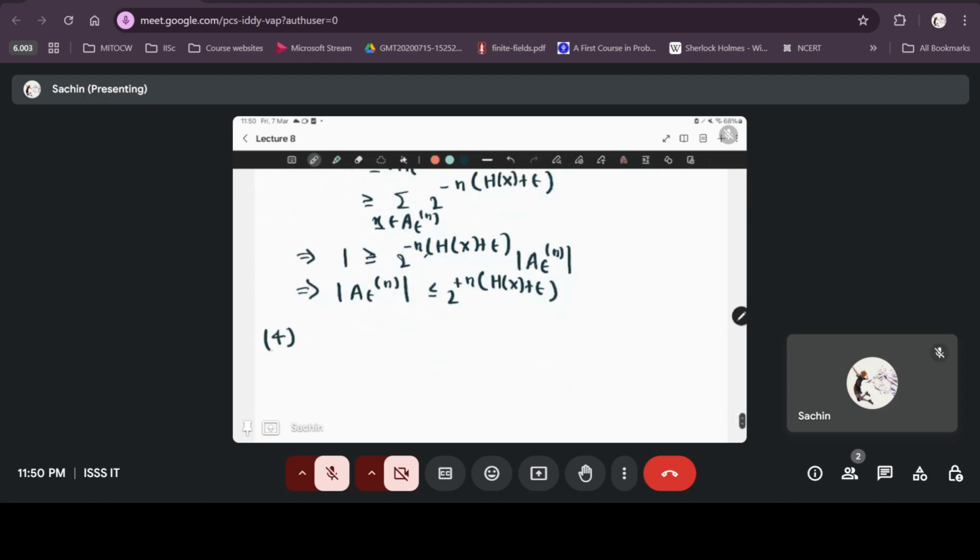To get a lower bound for this, we have for sufficiently large n the probability of A epsilon n greater than 1 minus epsilon.